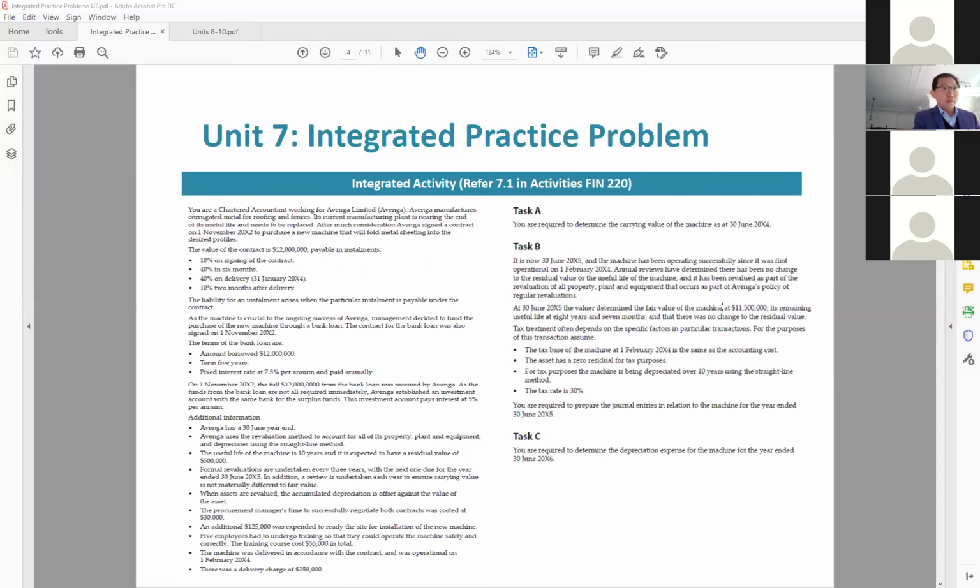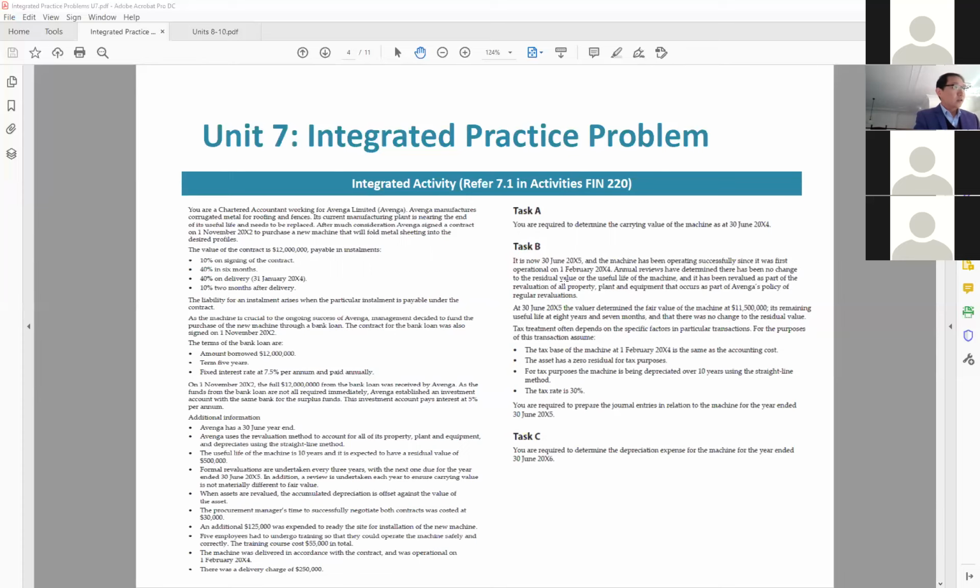So this is the fair value. But what is the carrying amount, or the accounting value, as at the X5 year? That is what we need to work out.